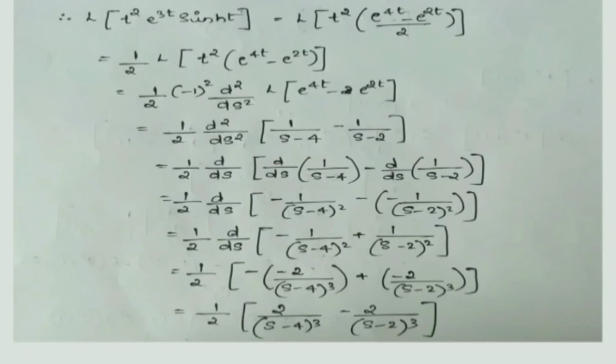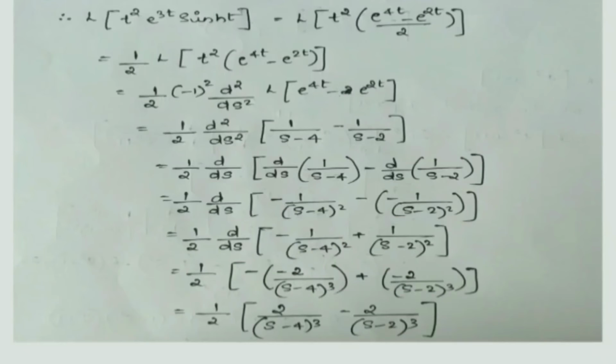Now, we can rewrite this as 1 by 2 d by ds of (d by ds of 1 by s minus 4 minus d by ds of 1 by s minus 2), which is equal to 1 by 2 d by ds of, now we will differentiate these two terms using the quotient rule and we will get minus 1 by (s minus 4) the whole square minus of minus 1 by (s minus 2) the whole square, which is equal to 1 by 2 d by ds of minus 1 by (s minus 4) the whole square. Now, minus of minus becomes plus 1 by (s minus 2) the whole square.